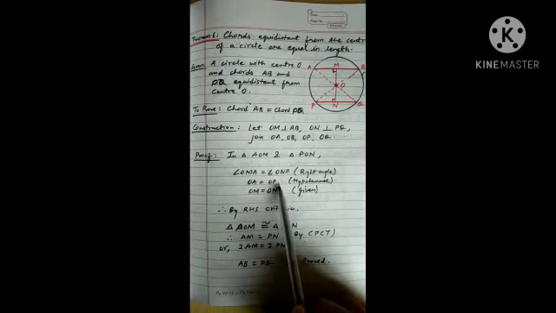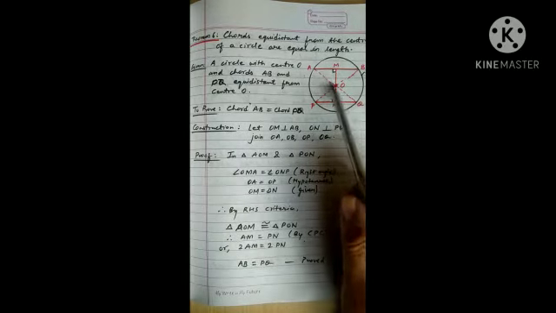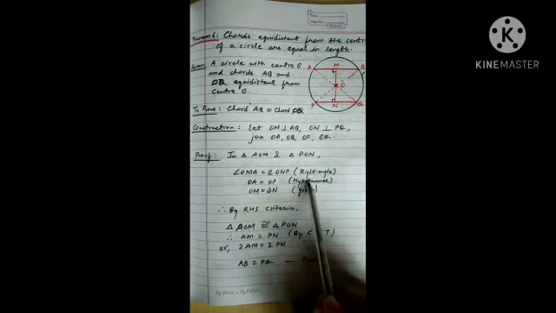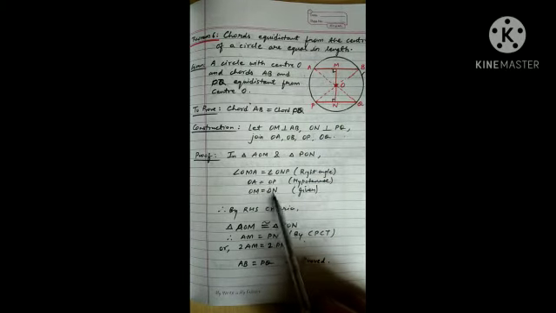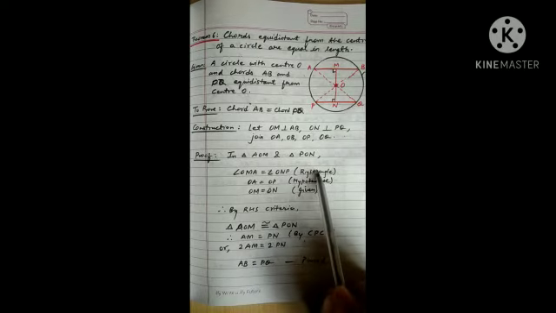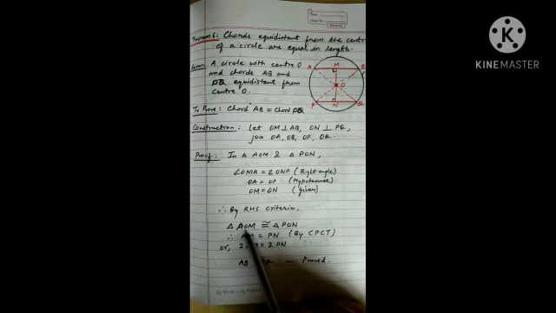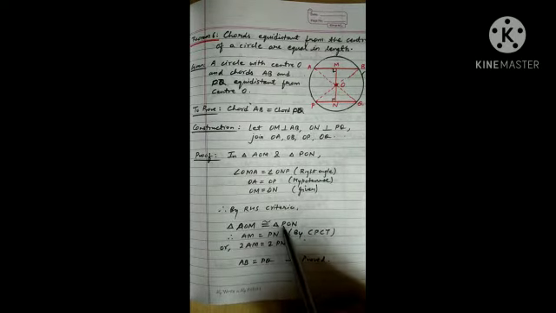OA equals OP, the hypotenuse of the right angle triangles, and these are equal because of radii. And OM equals ON, which is given in the question. So again, forming RHS, right angle hypotenuse side criteria, triangle AOM is congruent to triangle PON.